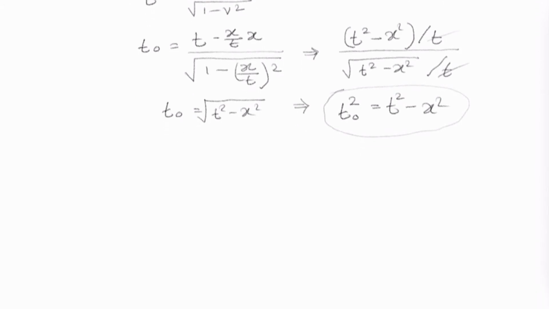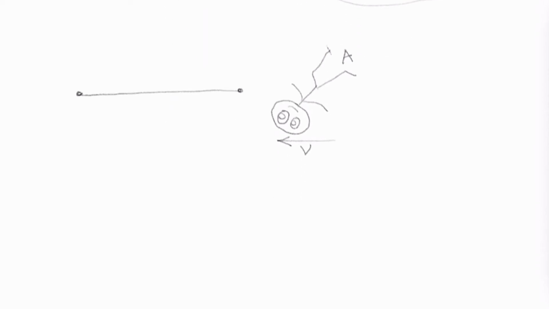Similarly, let's consider a straightened-up tape in space. This is a moving observer, A. His velocity is v. And this is the trajectory of simultaneity of the tape in his frame of reference.